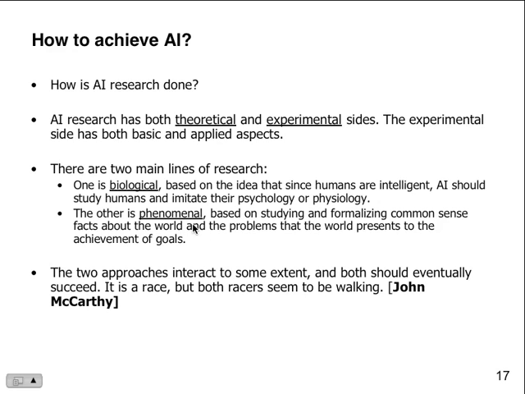Now we're looking more along the phenomenal experience, which is based on formalizing common sense facts about the world and looking at the problems the world presents and achieving goals through what the phenomenal actually is in terms of human experience. The two approaches interact to some extent, and both may eventually succeed. So it's a race between them. Both racers seem to be walking, not running. It's essentially slow progress, actually.